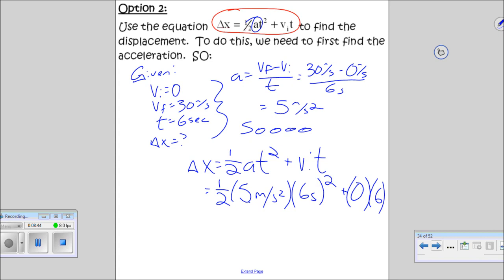Half of 5 is 2.5. Just the 6 is getting squared, because the time gets squared. Order of operations: you have to do exponents first. So 6 squared is 36, times 2.5 does in fact give you 90 meters. So that is another option, and it gives you the same result. Ultimately, this equation is useful if you already know your acceleration, which we didn't. So this probably was not the best way to solve this problem, but I want to show you that it works.